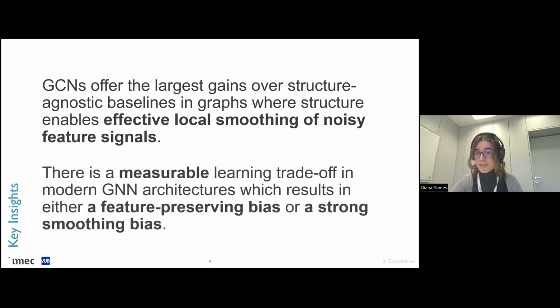And also we presented evidence of this measurable trade-off between what we see as two flavors of models. In modern GNN architectures, we have models that are rather feature preserving and models that are rather reliant on their strong smoothing bias.